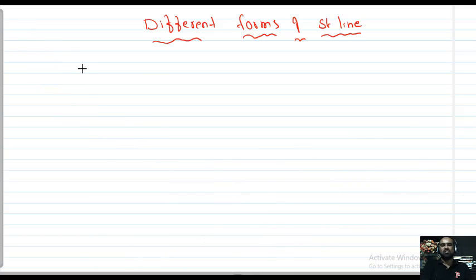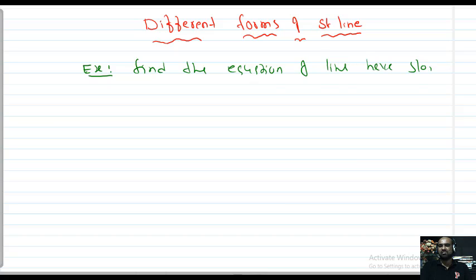One example problem on this. Find the equation of a line having slope 1 by 2 and passing through the origin.